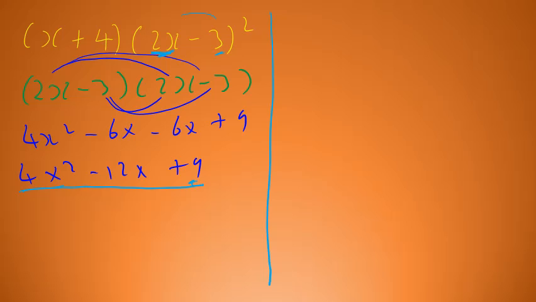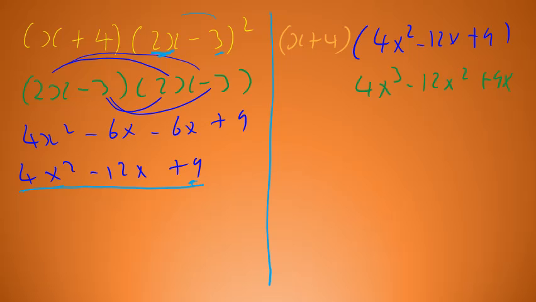So it's going to be x plus 4, and we're going to multiply that by 4x squared minus 12x plus 9. So we're going to increase the powers by x, so that's going to be just by 1 power of x, so that's going to be 4x cubed minus 12x squared plus 9x.